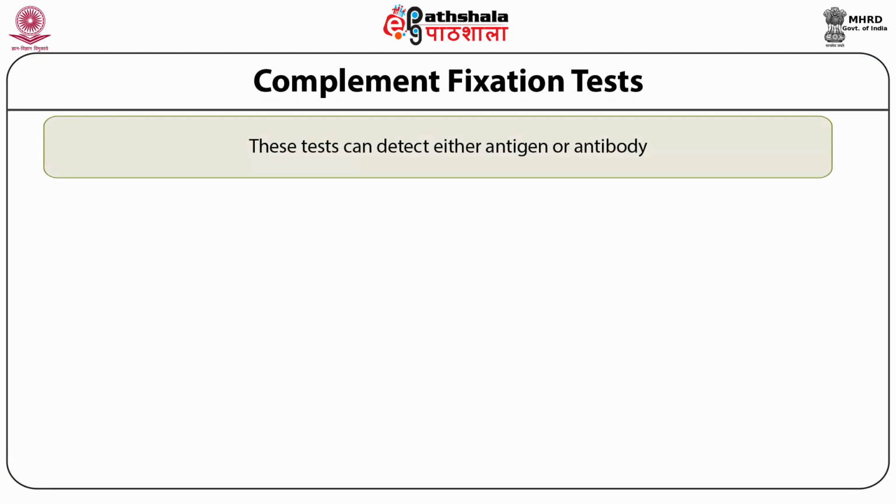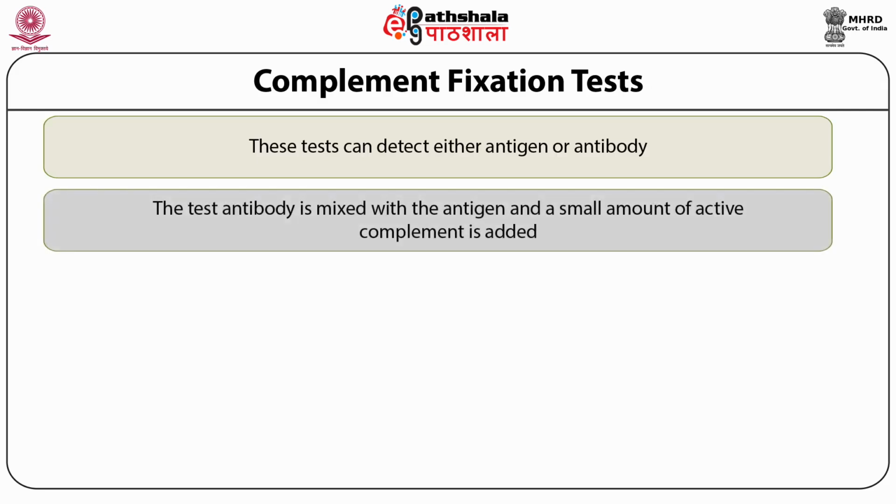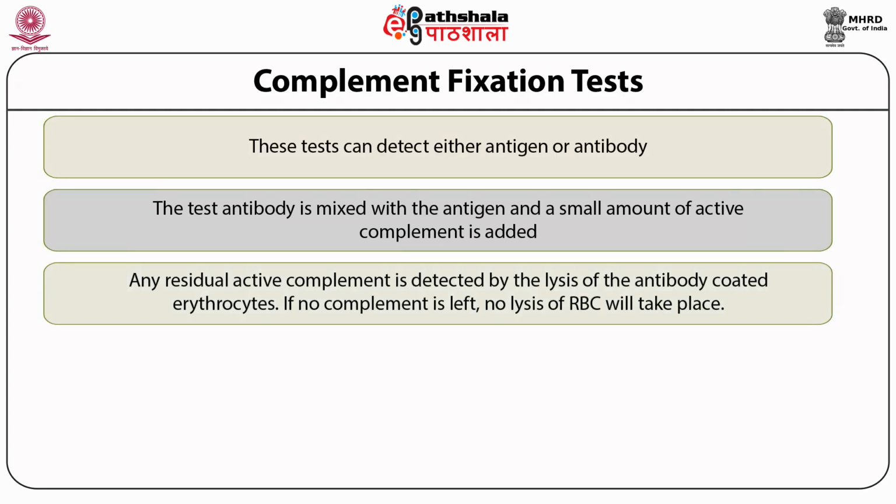Complement fixation tests can detect either antigen or antibody. The test antibody is mixed with the antigen and a small amount of active complement is added. The immune complex activates the classical pathway of the complement and fixes the complement. Any residual active complement is detected by the lysis of the antibody coated erythrocytes.